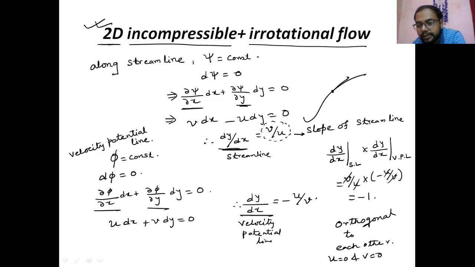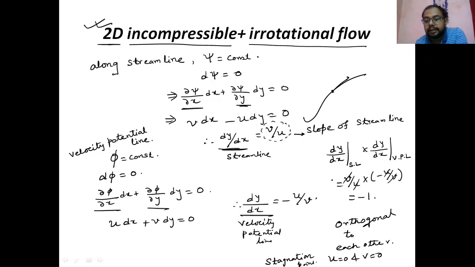In this equation, if u and v both are 0, that means a stagnation point. The point where there is no velocity is known as the stagnation point.